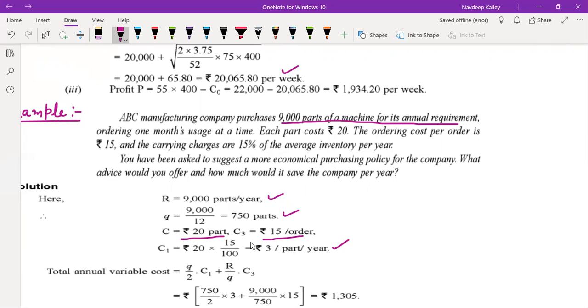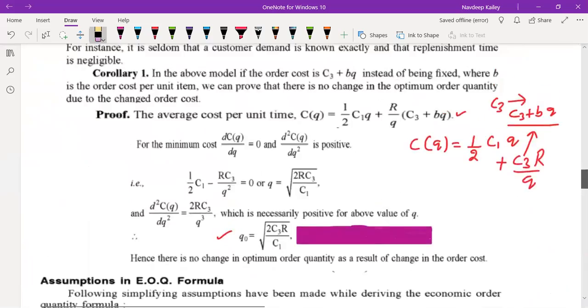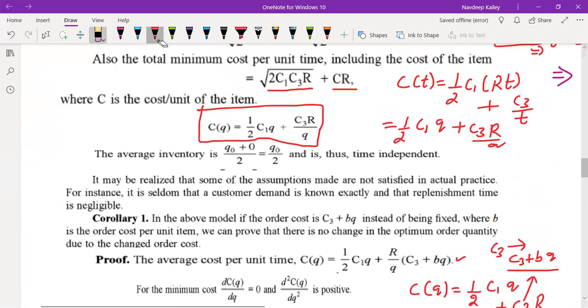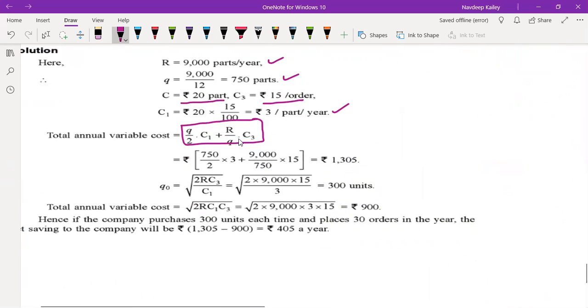The total annual variable cost is given by the formula we have also calculated: half C1Q plus C3R by Q. We have the value of Q as 750, C1 as 3, R as 9,000.